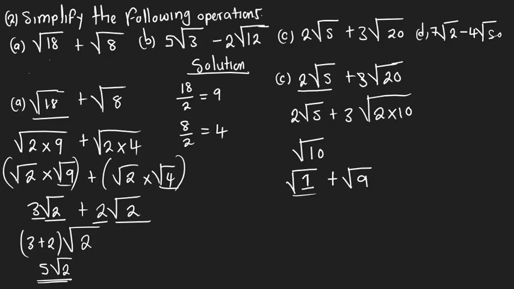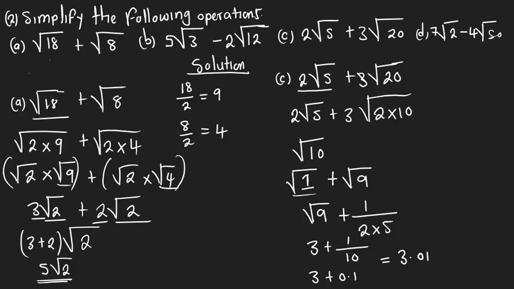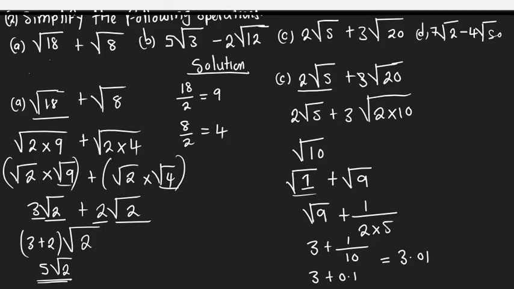So you say square root of 9 plus 1 over 2 multiplied by 5. So this is going to become 3 plus 1 over 2 multiplied by 5 becomes 10. So this becomes 3 plus 0.1. So the square root of 10 is 3.01. Okay, so sorry, 3.1. What are you getting?